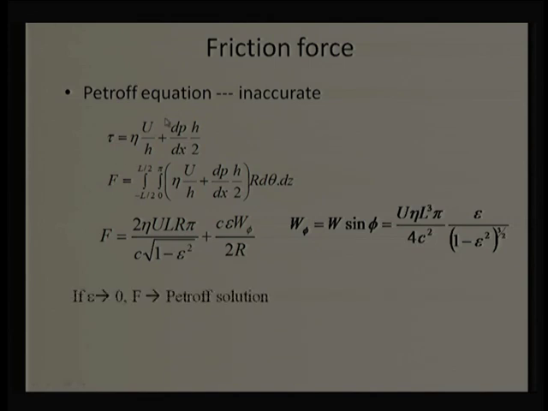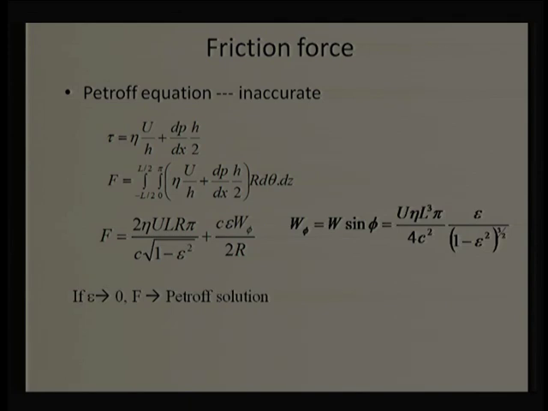And when we talk about the Petrov equation, it can be derived from this relation itself. If I use epsilon equal to 0, we get the Petrov equation, the same one we derived in our lecture or earlier lectures. But when epsilon is equal to 0, that is the situation where there is no eccentricity, so the shaft and bearing centers coincide and there is no load carrying capacity of that bearing.